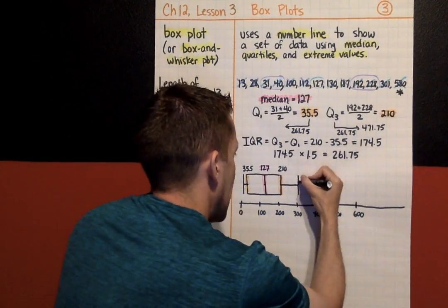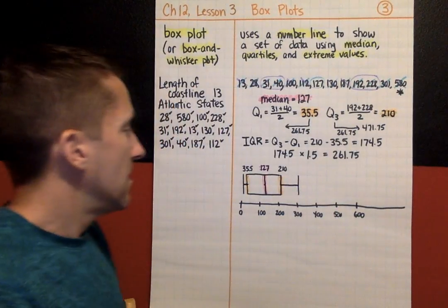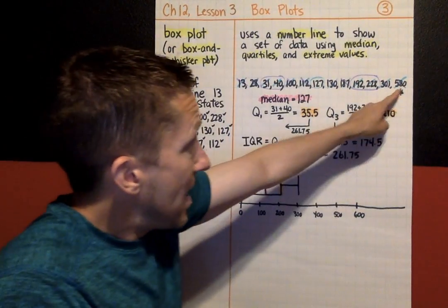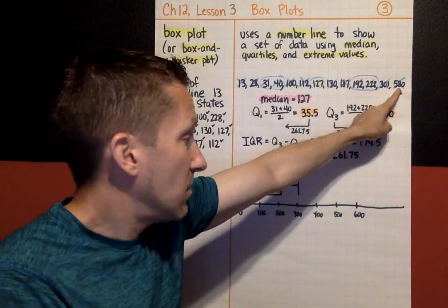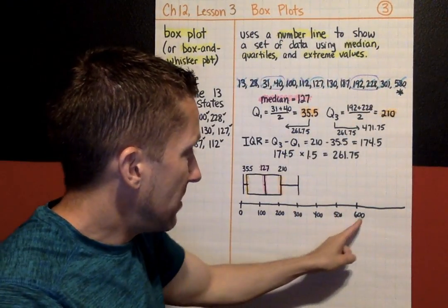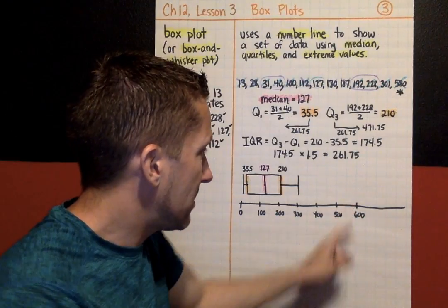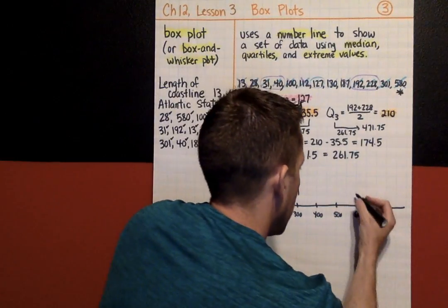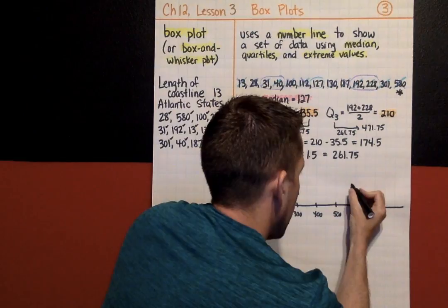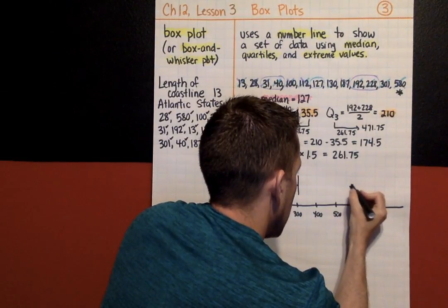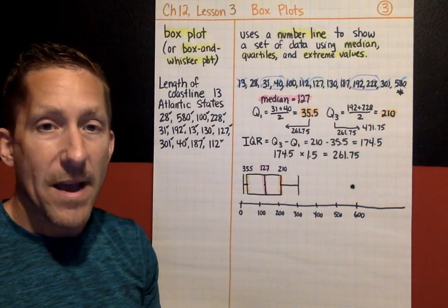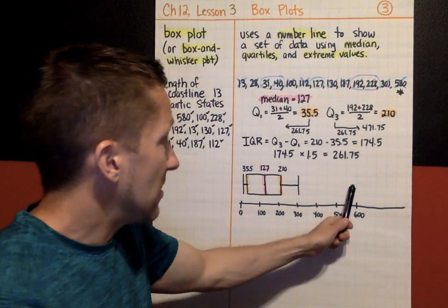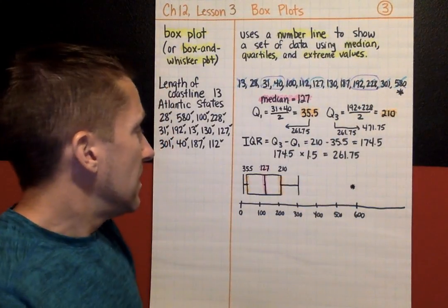So my whisker on that side goes to there. My outlier gets a star on the box and whisker. So here's 500, here's 600, 580 is going to be really close to 600. It's almost there. I'm going to estimate it to be about there. And I'm putting a star right there where my outlier is. So that's our outlier, 580.